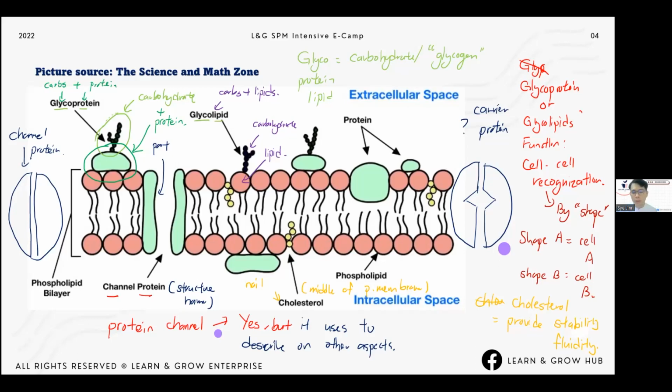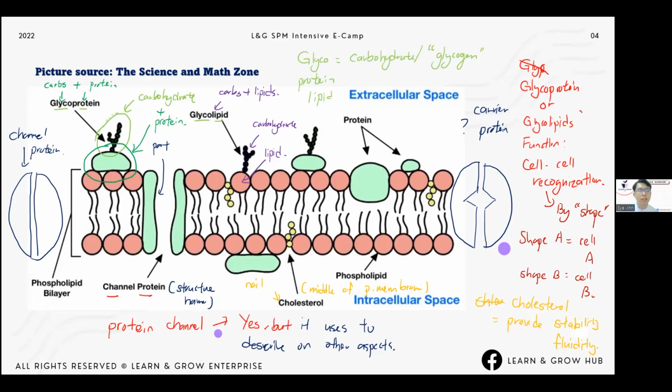For example, this plasma membrane looks too fluid already, in Mandarin we would say 很水. Due to the function of cholesterol, it will decrease the fluidity so that the phospholipid bilayer will not move so much. So in SPM, you just need to remember two terms: stability, fluidity.